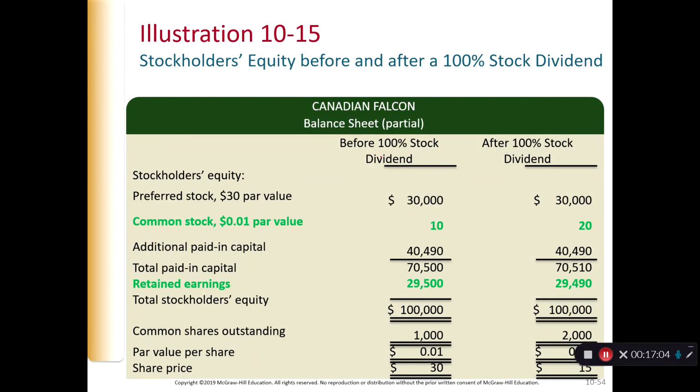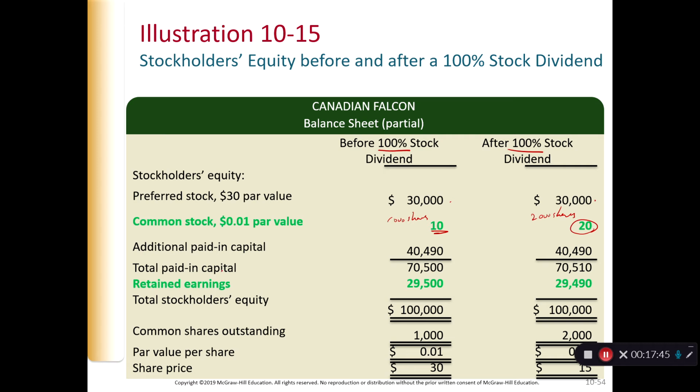Let's look at before the 100% stock dividend versus after. The paid-in capital accounts both stay the same. However, common stock before the 100% stock dividend is only $10, but after you give the 100% dividend, it becomes $20, because you have an extra 100 shares of common stock. Here you have 1,000 shares, and here you have 2,000 shares.